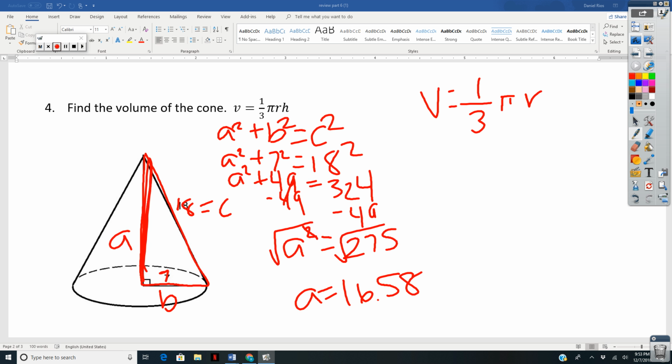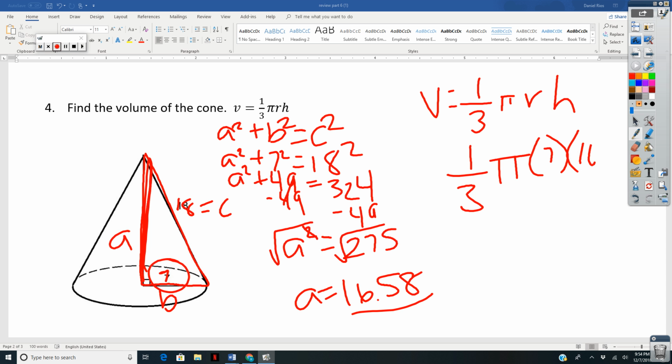So 1/3 pi r squared h. We have 1/3, and then pi, the radius is 7, and then the height is 16.58. Okay. Now I'm going to multiply only the numbers, not pi.